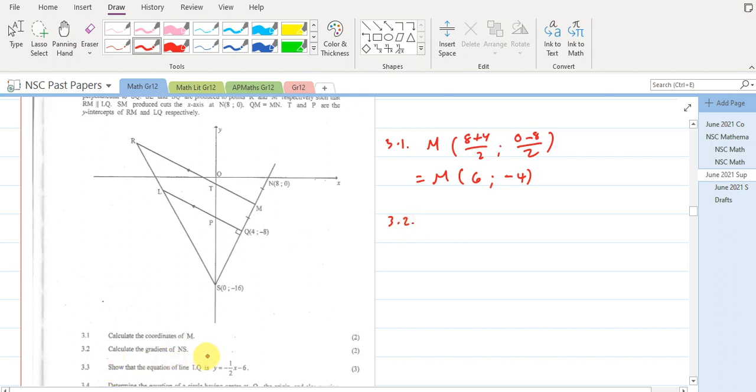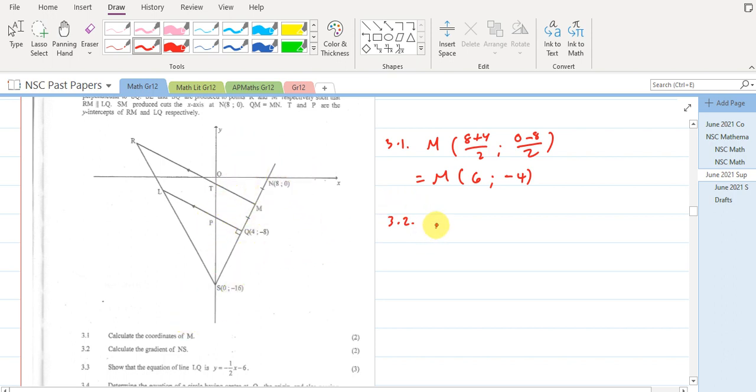3.2: Calculate the gradient of NS. Remember, all these points lie on the same straight line. To calculate the gradient of NS, you can do change in y over change in x. The change in y is 16 and the change in x is 8, so the gradient is 2.